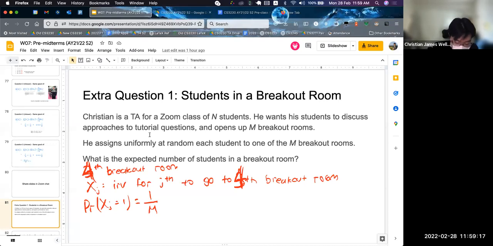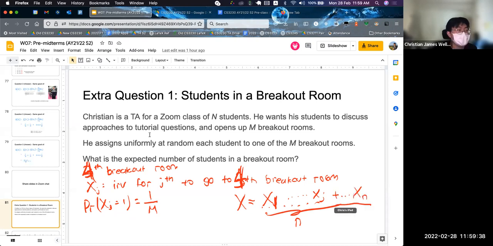Okay, so the next thing you do is, how many XJs do you have? Like X equals what? X equals the summation, all the way, there are n of such things. So the notation is a bit sloppy, plus all the way to xn. So there are n indicator random variables.